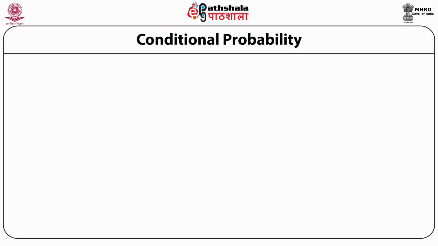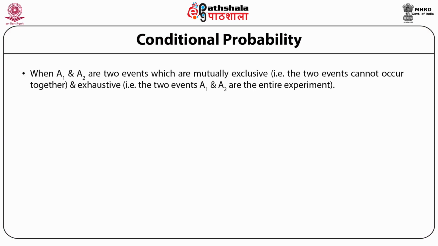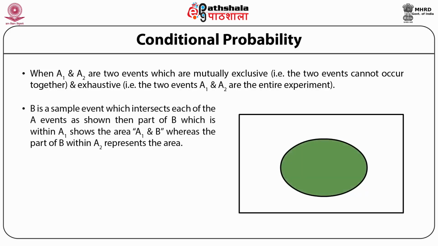Again, coming back to Bayes' theorem, when A1 and A2 are two events which are mutually exclusive, the two events cannot occur together, and exhaustive also, A1 and A2 make up the entire experiment. B is the sample point which intersects each of the A events as shown.